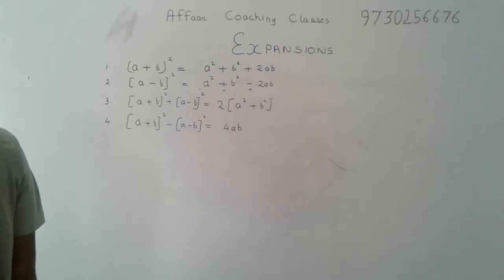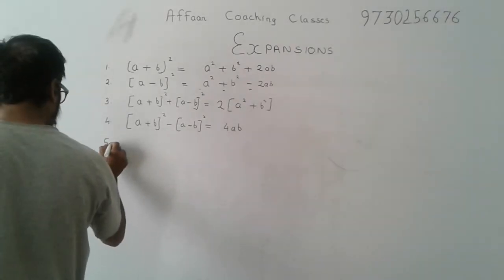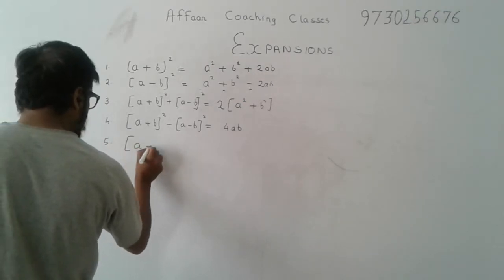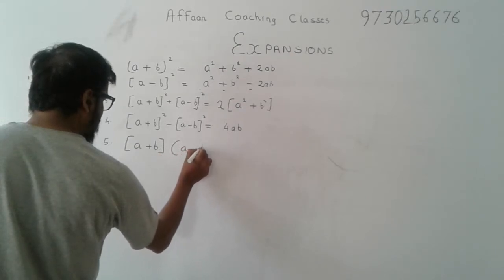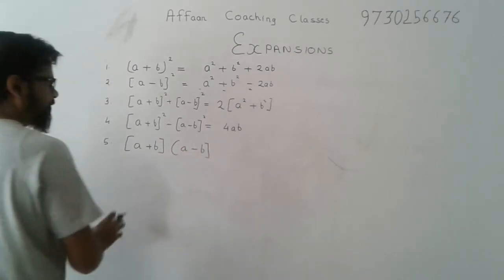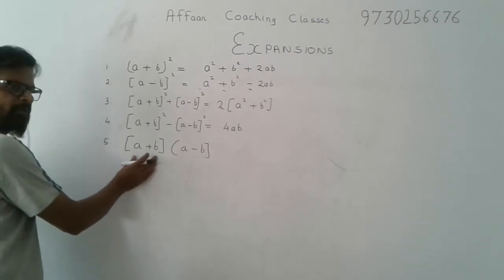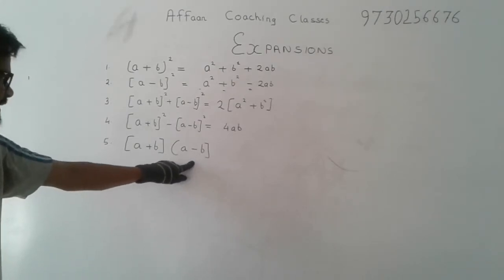Now, we move on to the fifth formula, that is (a plus b) and (a minus b). Right? This is a multiplication where in one bracket you have a plus sign and in another bracket you have a minus sign, right?